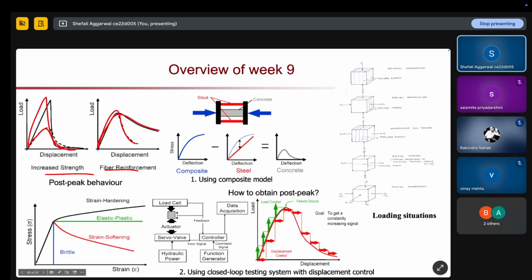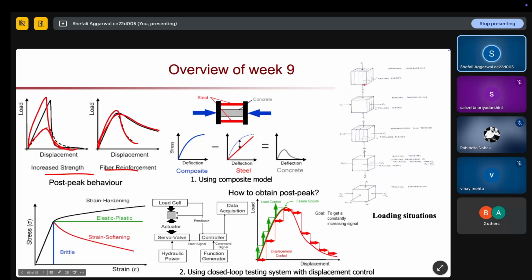At every loading condition we calculate the displacement value. So our displacement is in control, and in that case we calculate our post peak behavior.